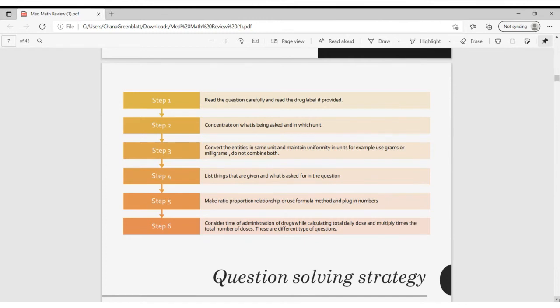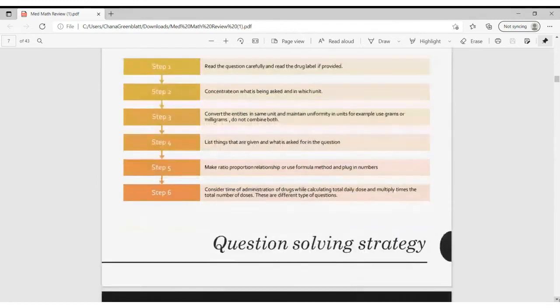Step 3 is converting the entities to the same unit and making sure everything is the same. So for example, if part of the question is in grams and the other part of the question is in milligrams, making sure everything is in milligrams at the same time instead of using two different units together when they're not the same. Making a chart sometimes is helpful about what information you have versus what you need. So I always like to write on the side, I have this, I need this, and I need this is usually the final unit for what you're looking for.